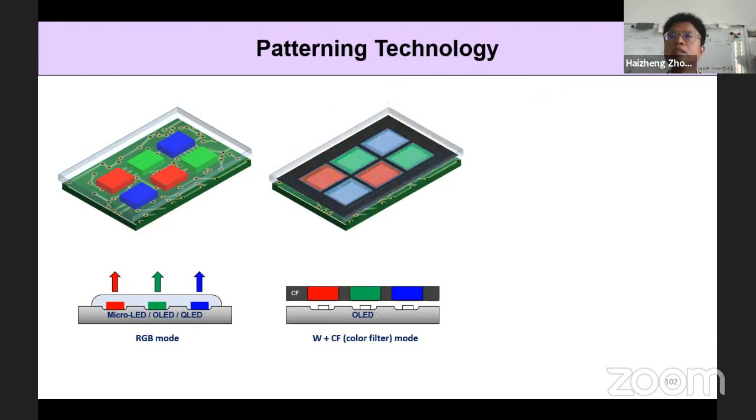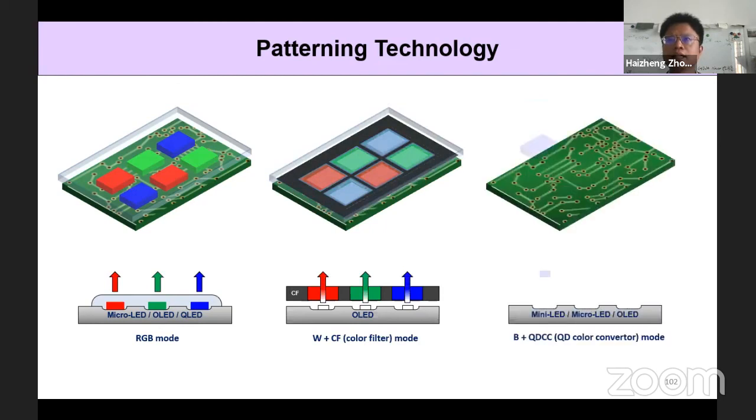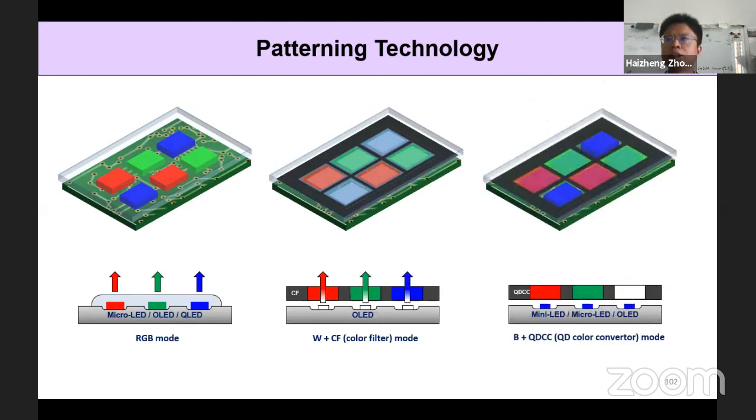One is to use OLEDs as blue lights, and if we can use QDs with green and red colors as the two pixels, then it's possible to reduce the fabrication cost and also enable uniform display quality.